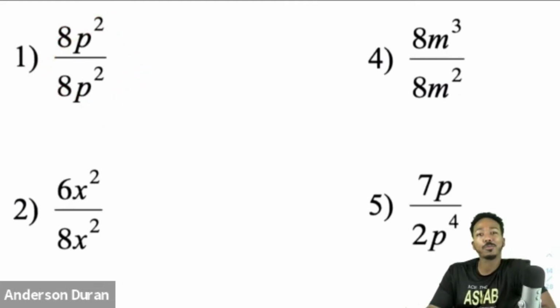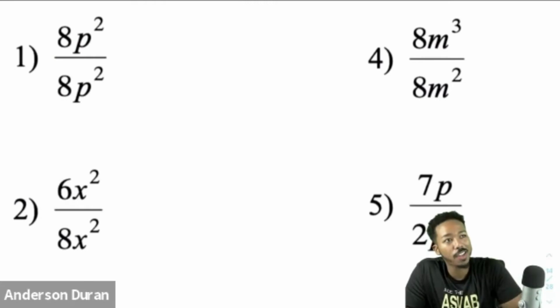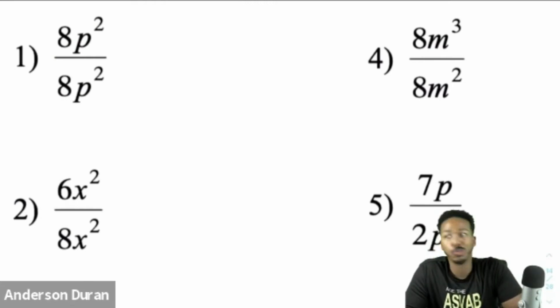What's the rule, everybody? Help me out. What's 5 divided by 5? 1. What's 12.6 divided by 12.6? 1. What is pineapples divided by pineapples? 1. What's XYZ divided by XYZ?